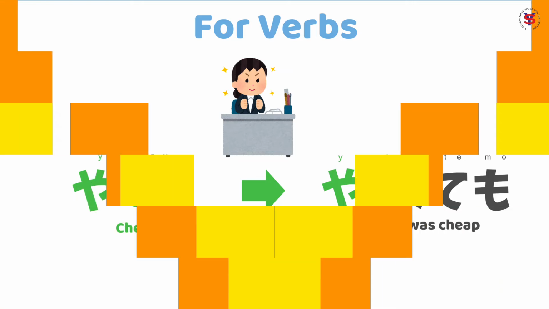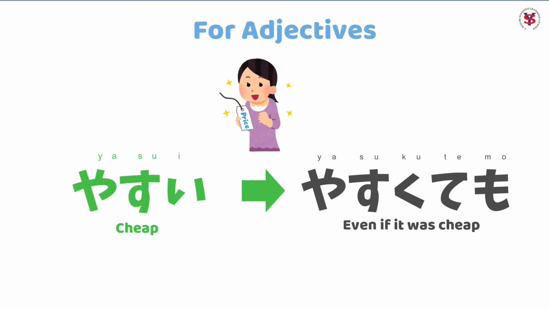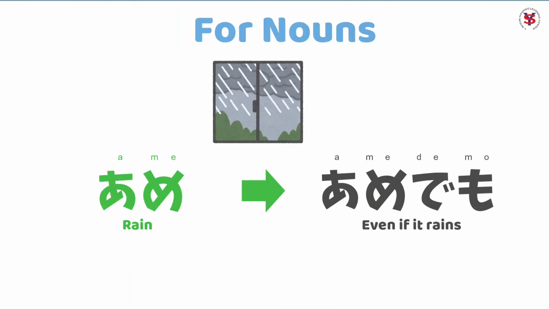For adjectives naman, let's say yasui or cheap, that becomes yasukutemo or even if it was cheap. And for nouns, like our example kanina, ame or rain becomes amedemo, even if it rains. Got it? Alright.